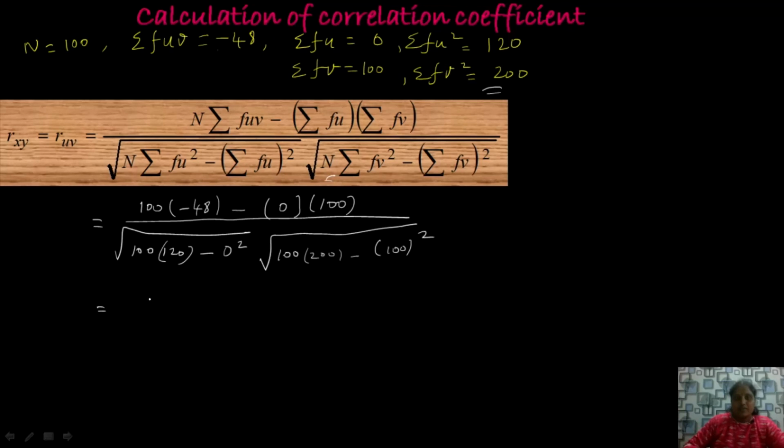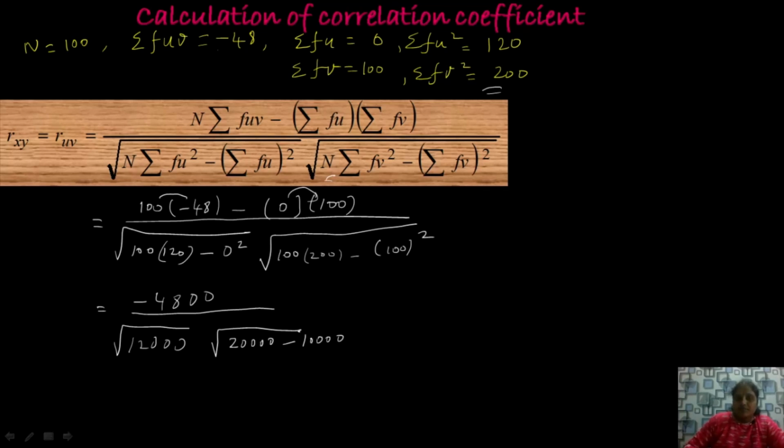Simplifying this, multiplying minus 48 with 100 you get minus 4800. So 0 with anything you get 0. So under root, multiplying 100 with 120 you get 12000, and under root 100 with 200 you get 20000 minus 100 square, which is 10,000.